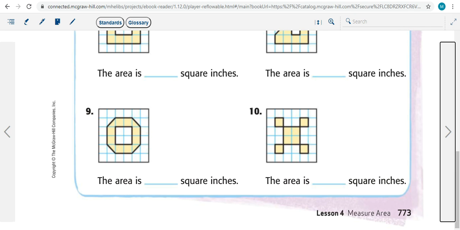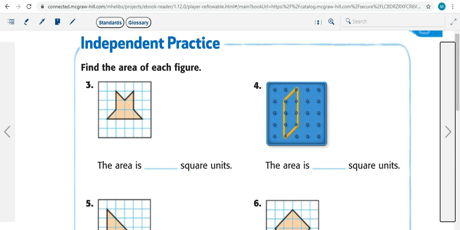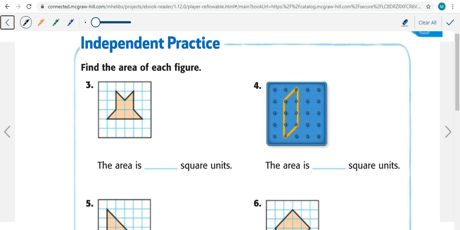Next page. Find the area of each figure. So what is the first step? We have to count the whole squares in the figure. Let's count. 1, 2, 3, and 4. We have 4 whole squares. Tenemos 4 enteros.